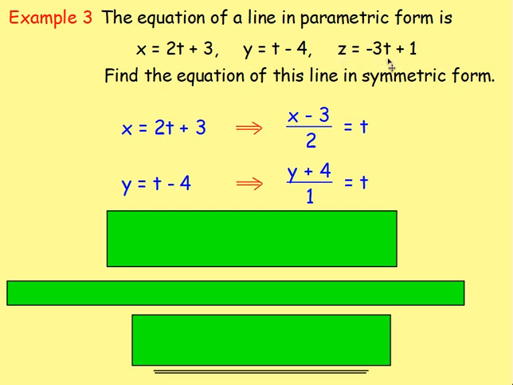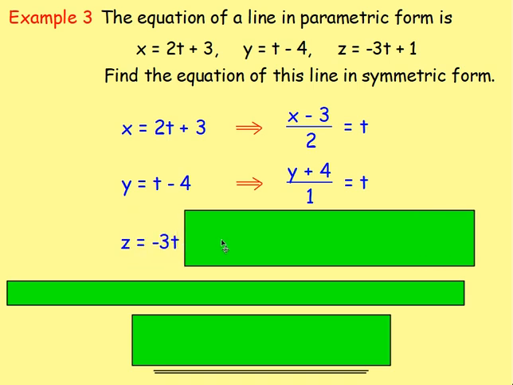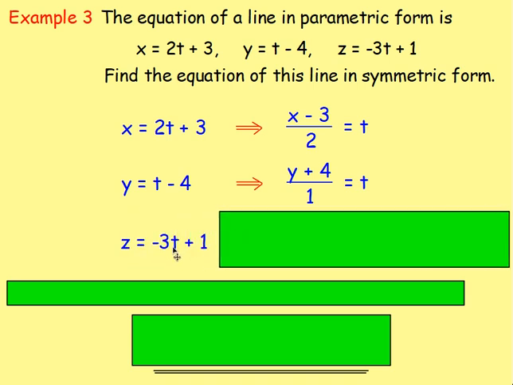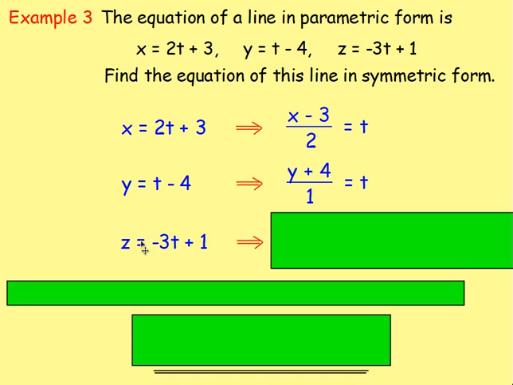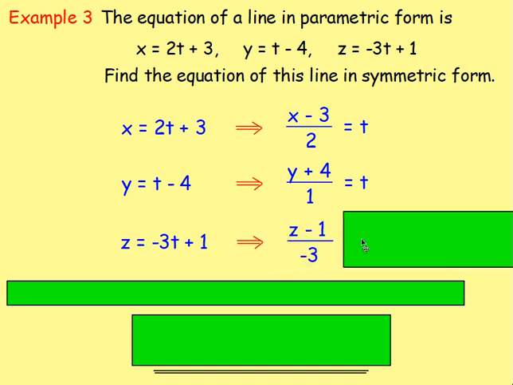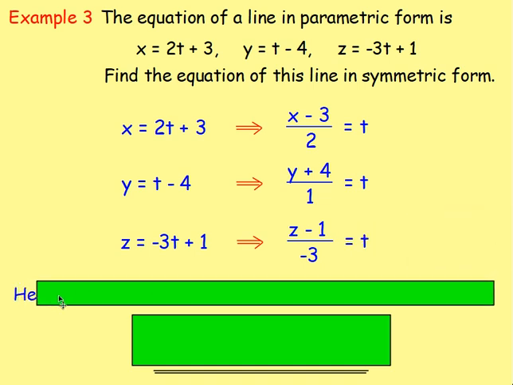And the z equals -3t plus 1. So to rearrange that and get t, we'd subtract 1 from both sides. So z take away 1 would equal -3t. And to get t on its own, you'd then divide by -3. So we'd have z take away 1 divided by -3, and that would equal t.